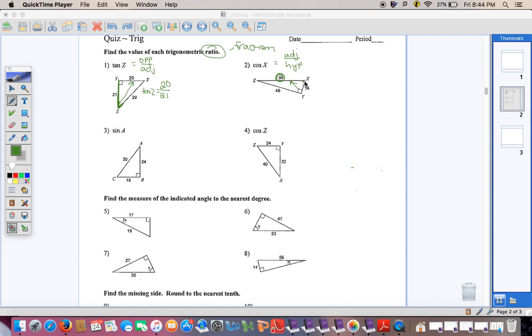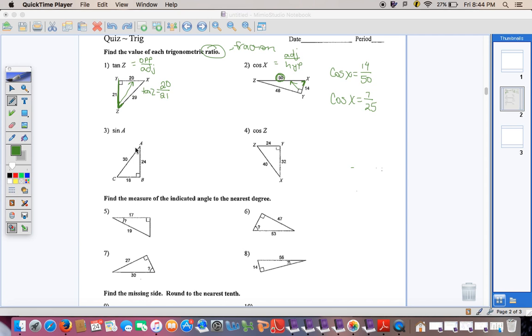If our angle is x, then the adjacent leg, which means next to, is xy, which is 14. So cosine of x would be the adjacent, 14, divided by 50, the hypotenuse. And if we reduce this, you get cosine of x equals 7 over 25.